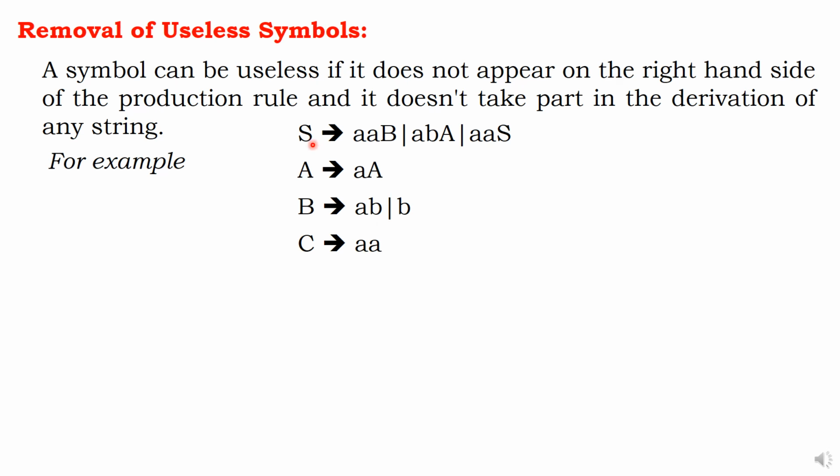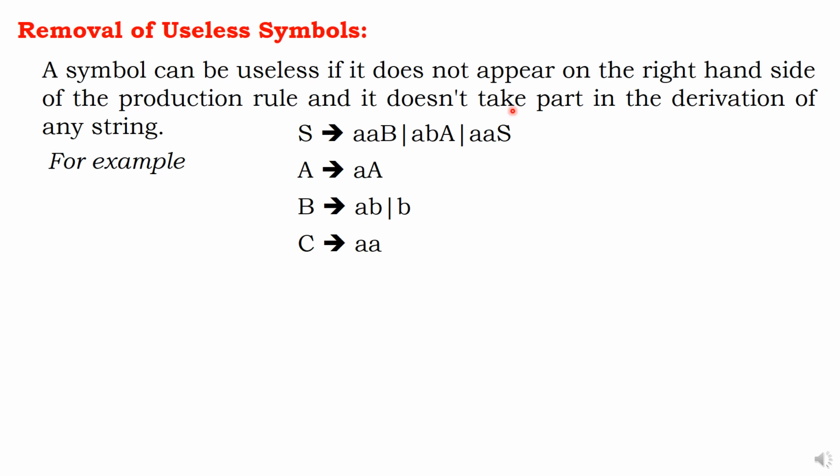These are the variables S, A, B, C. Now A is coming in the right hand side, so S is linked with A. B is also appearing in the right hand side, so S is related with B and it can be linked. What about C? Is it coming in the right hand side? No. That is what they are trying to say.